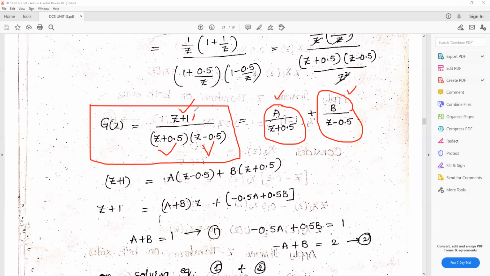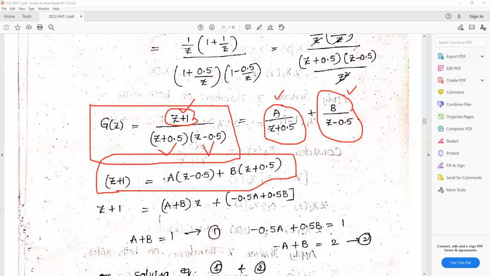So in the numerator, z plus 1 is equal to a into z minus 0.5 plus b into z plus 0.5.